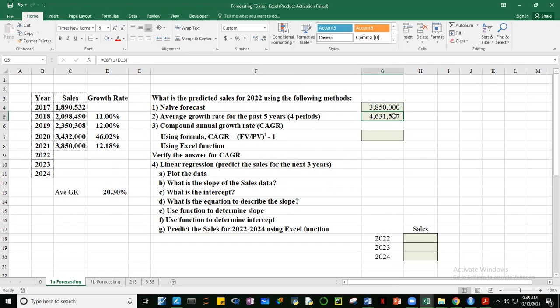Using the average growth rate, we can first compute for the growth rates for the past 4 periods and then average it out and then use that as your growth rate for the following year. Okay. So far clear, guys? Paki-chat naman kung yes, kung nakuha nyo itong 4.631, 4.6 million.